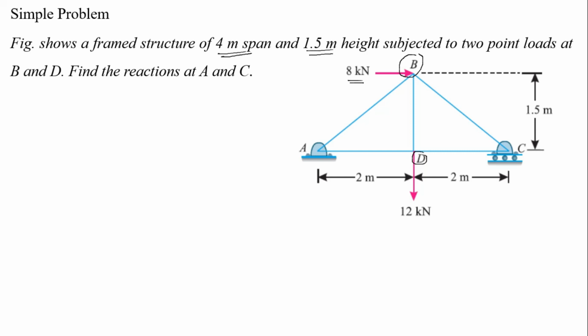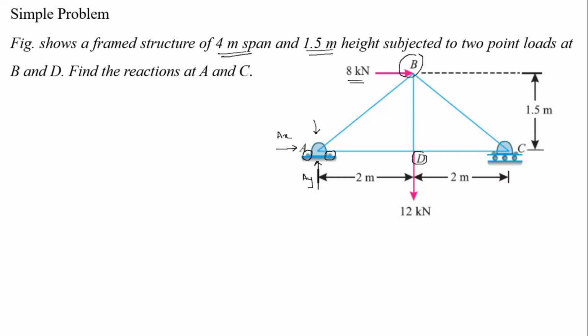So see the picture, at A the pin joint is there. See in this area two pins are there. So this is a pin joint and this is the roller joint. As we discussed, a pin joint has two reaction forces, one vertical and another horizontal, right. So this is horizontal R A x and this is vertical R A y, right.